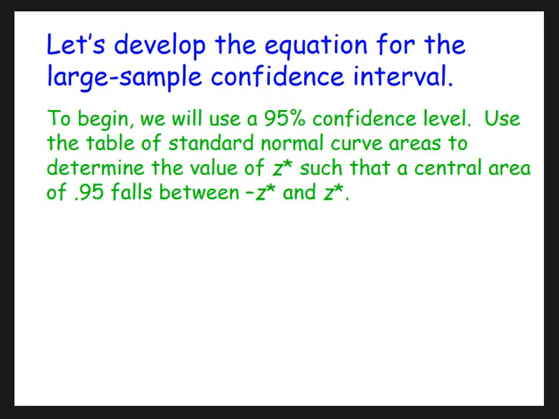So let's develop the equation for the large sample. To begin, we'll use a 95% confidence interval, just because our table of the standard normal curve gives these pretty easily.